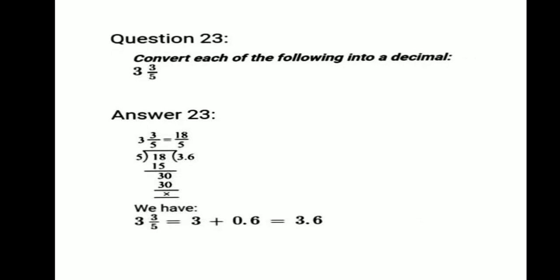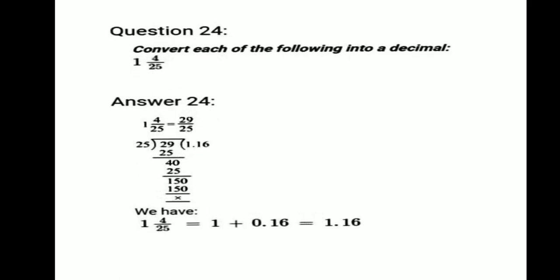Convert each of the following into decimal. 3 whole 3 upon 5. 3 whole 3 upon 5 is equal to 18 upon 5, and now divide 18 by 5. You will get 3.6, and 3.6 is your answer.